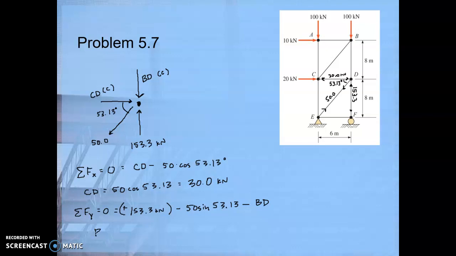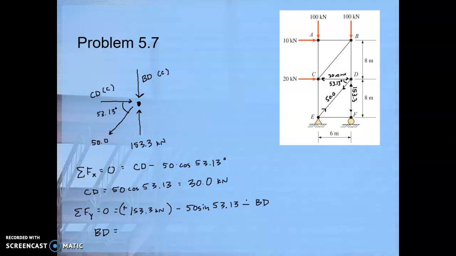So we solve for BD, and BD is equal to, actually no, let's do this a little differently.